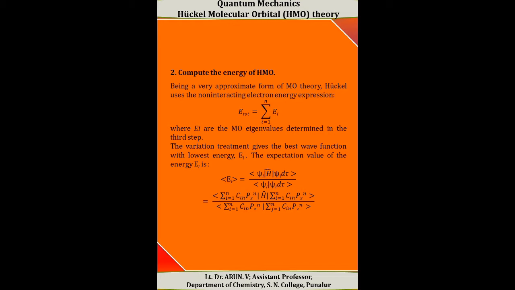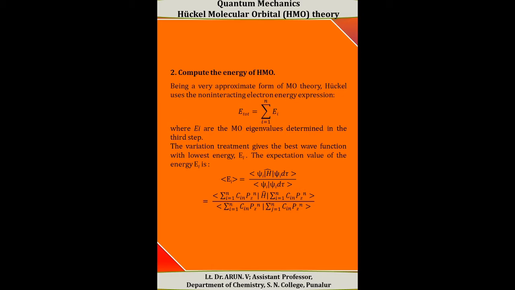We know that HMO is an approximate form of molecular orbital theory. So the Huckel molecular orbital theory uses non-interacting electron energy expressions. That is, we can calculate the total energy E total as the summation of energies of the electrons, where i is equal to 1 to n, and Ei is the molecular orbital energies determined in the above step.